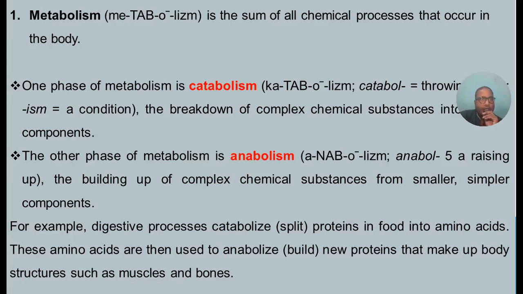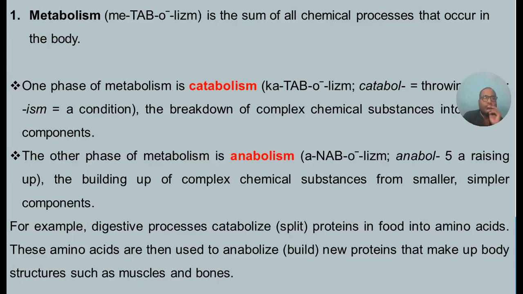As in our previous lectures, I have told you about the levels of organization, and there I have told that there is a chemical level of organization, which means the body is made up of chemicals. So in metabolism, chemical processes that occur in the body are known as metabolism.